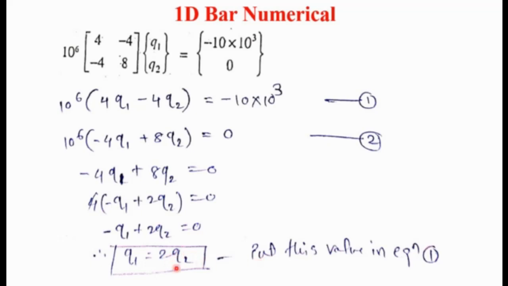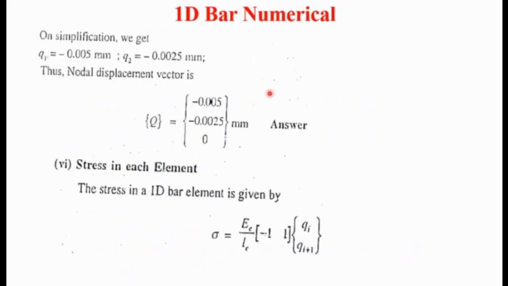By putting this value of Q1, that is 2 times Q2, in equation 1 and simplifying, we get the values of Q1 and Q2. On simplification, we get Q1 as -0.005 mm and Q2 as -0.0025 mm.